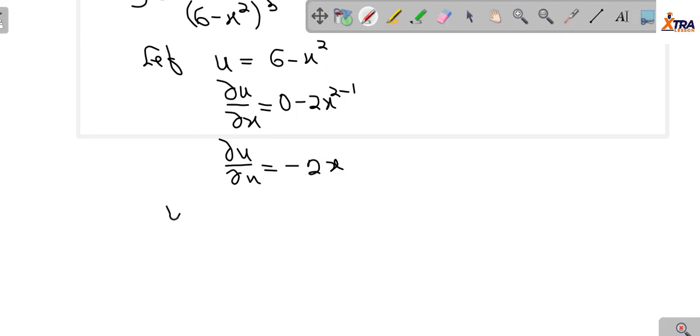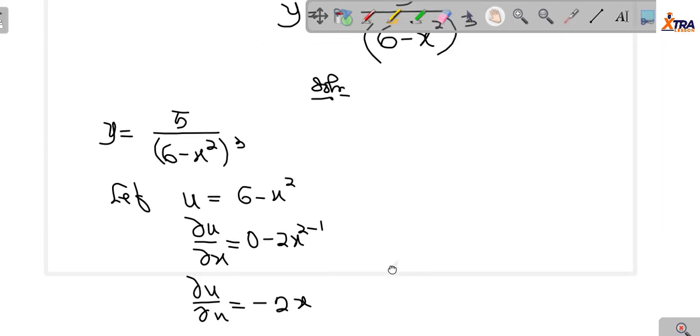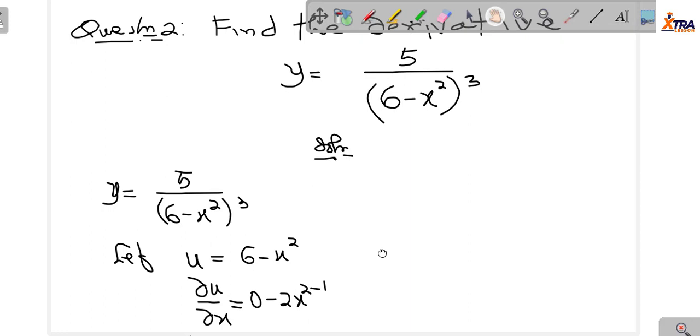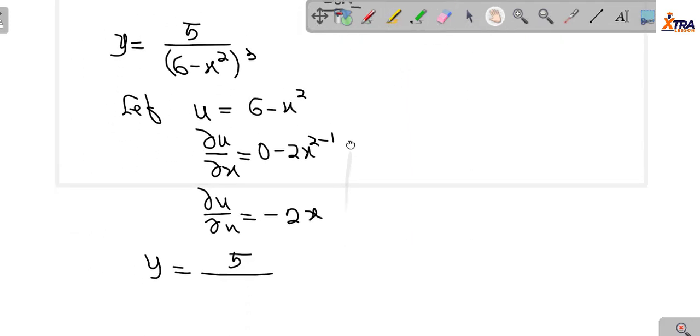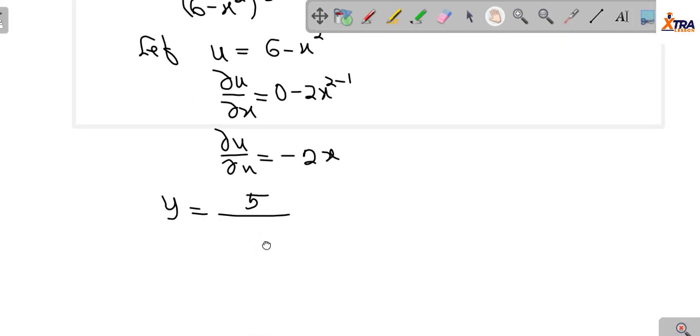So now go back to where we have y equals 5 over (6 minus x squared) raised to power 3. Putting u for 6 minus x squared, we have u raised to power 3.